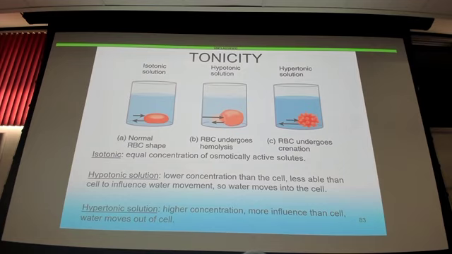So here's another example where you say, well, here's 3 beakers. Each of them have 1 cell in it. We're going to look at the first one. It's already in there, but I like to imagine we're going to pour. If we pour an isotonic solution in there, we're looking at the movement of water into and out of the cell.